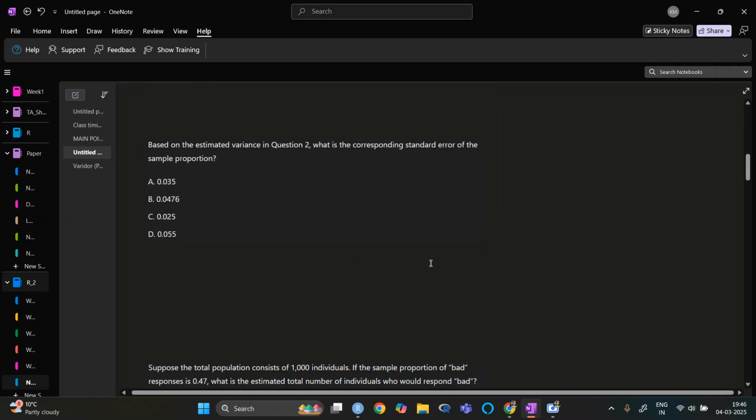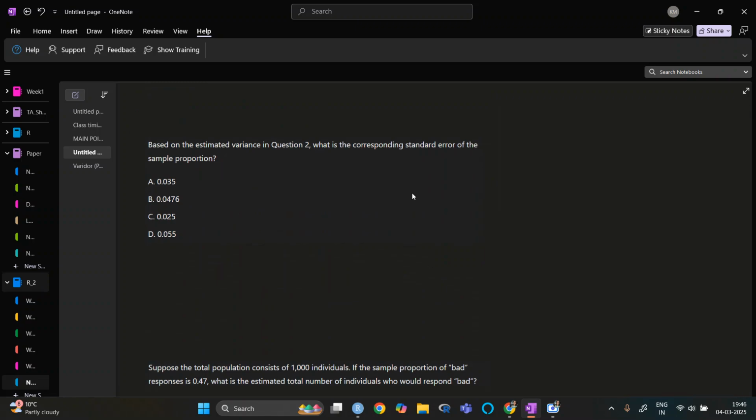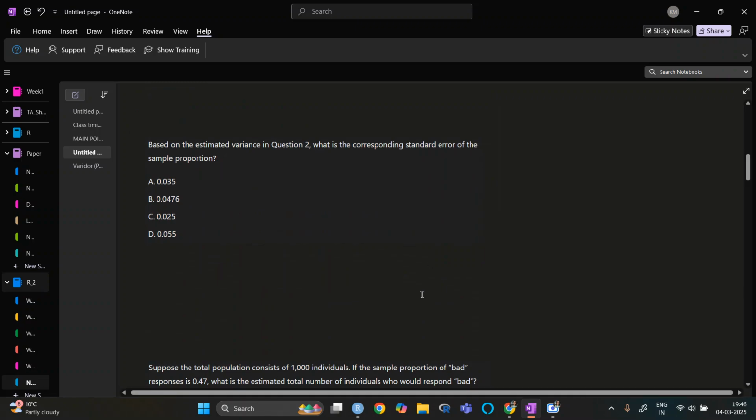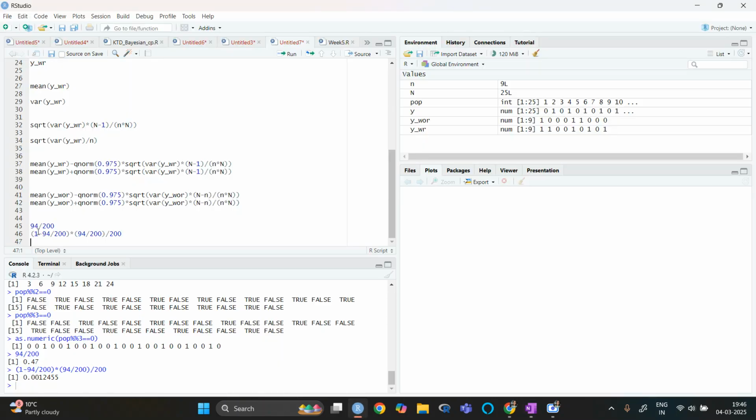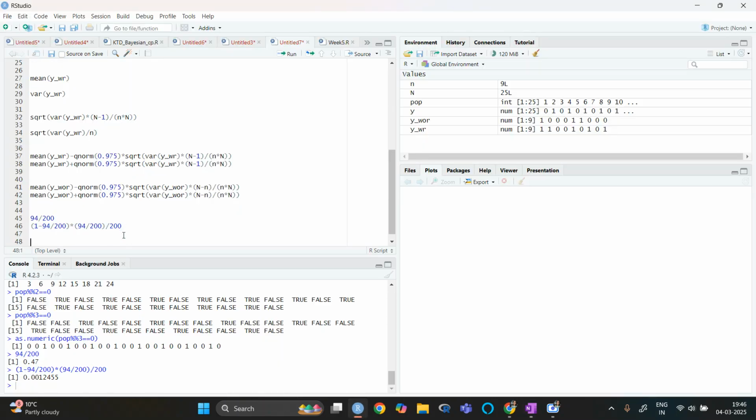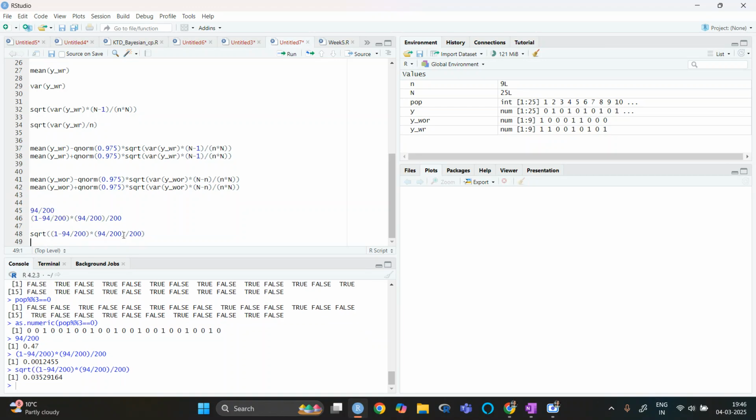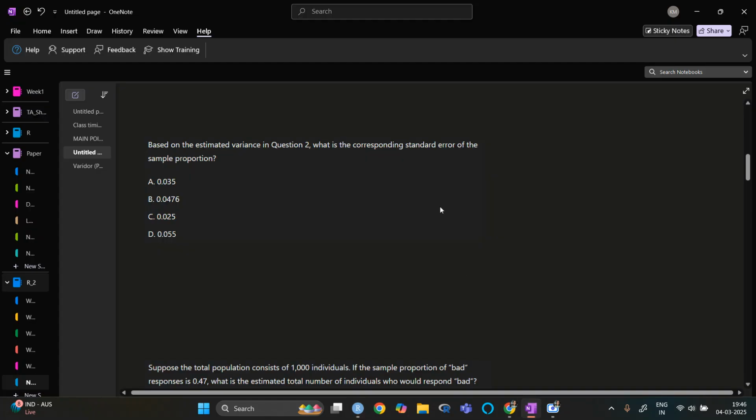Okay. So the next question is asking what is the corresponding error. So error is basically the under root of variance. Variance we have this, so if I just take the square root of this value, it will give me the standard error. So the square root of this will give me 0.035.